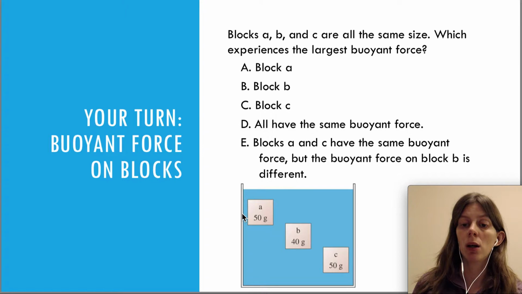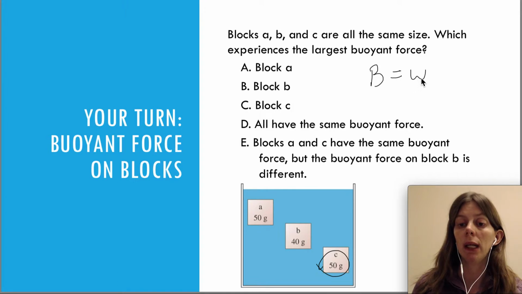You may think, oh, well, these 2, A and C, weigh more, they're going to have more force. But one thing that this problem reminds us is that the buoyant force has nothing to do with the weight of your object. The buoyant force has everything to do with the weight of the liquid that was pushed out of the way by the object, the weight of the fluid displaced.